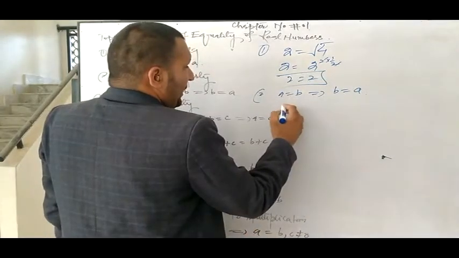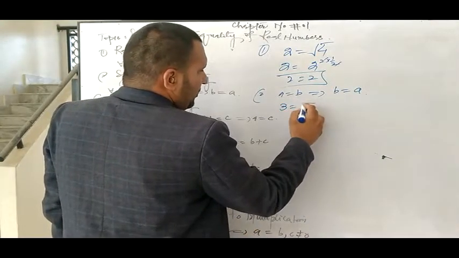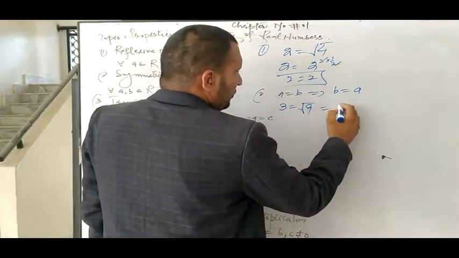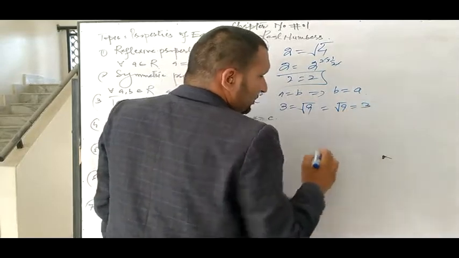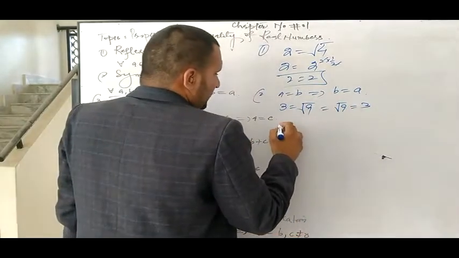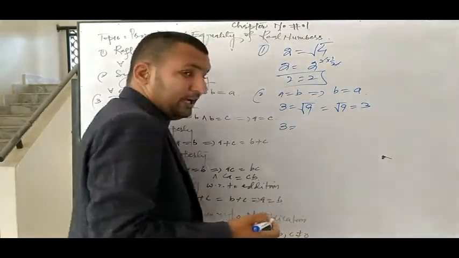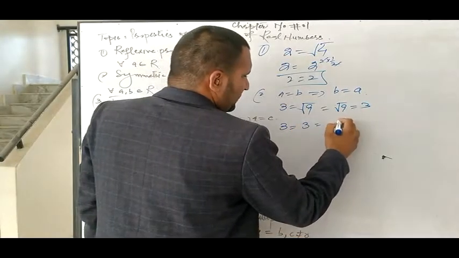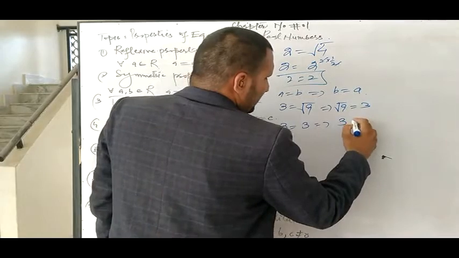Let's suppose 3 is equal to the square root of 9, which is equal to 3.